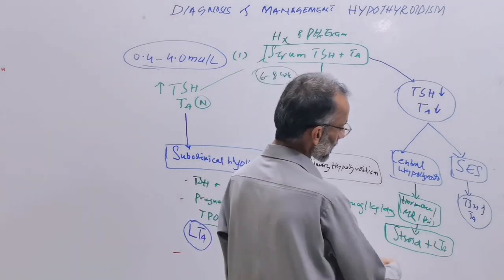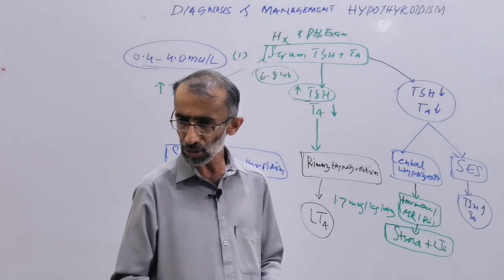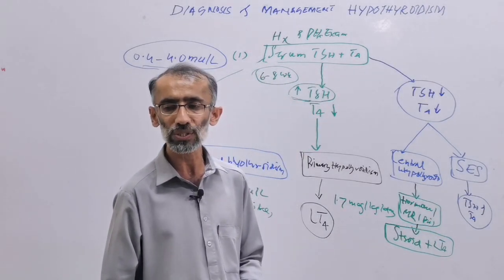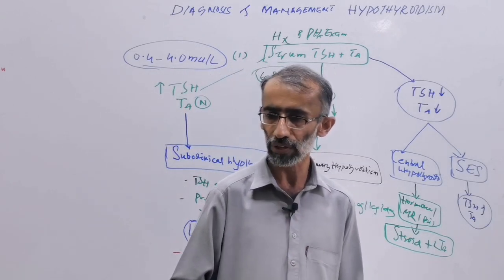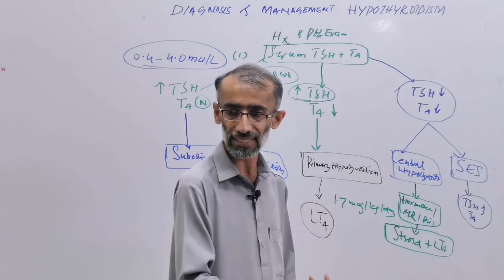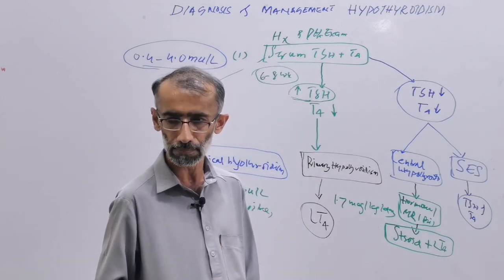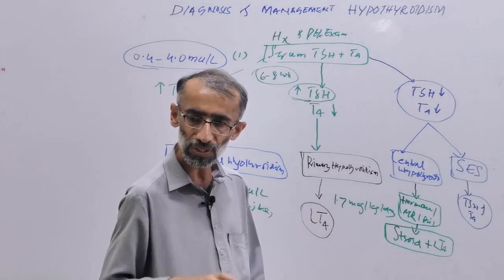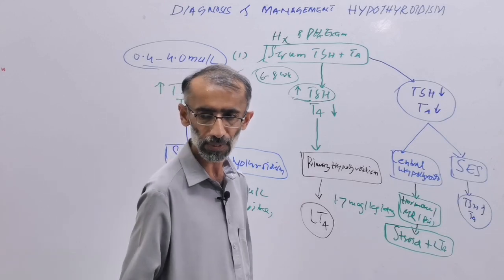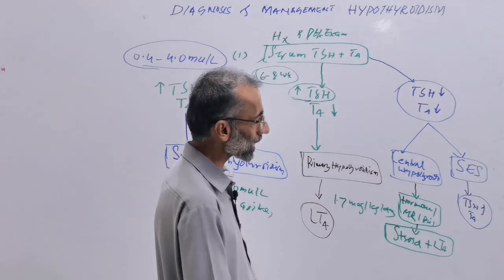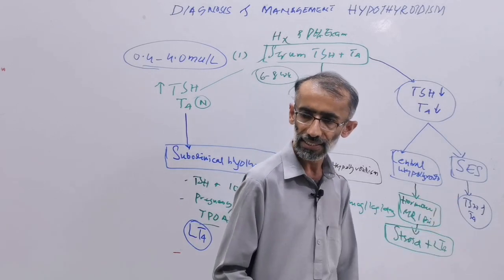If you start levothyroxine in sick euthyroid syndrome, it increases the metabolism and will worsen the condition. Levothyroxine is not beneficial and may be dangerous for the patient. So we will wait, and after 6 weeks repeat TSH and T4.